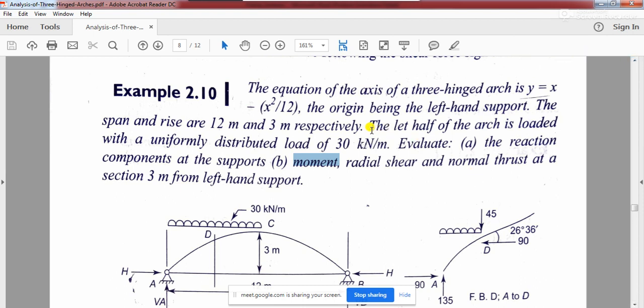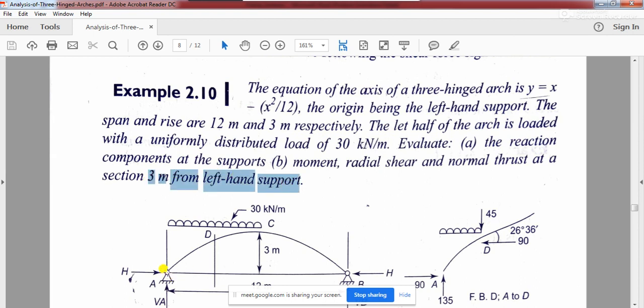So the question says, you see, the F is missing over here, okay? The left half of the arch is loaded with uniformly distributed load. Evaluate the reaction component, moment, radial shear and normal thrust at a section 3 meter from left hand support.